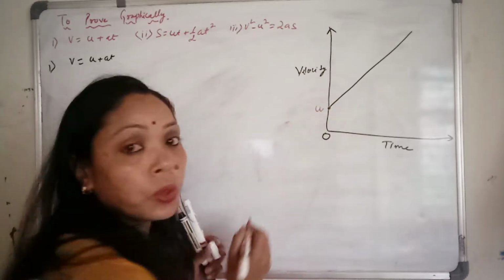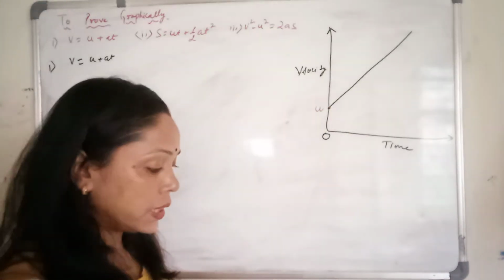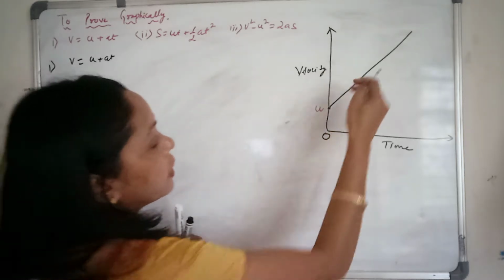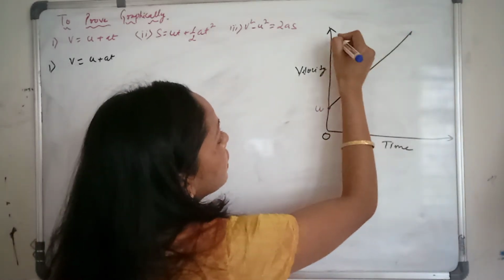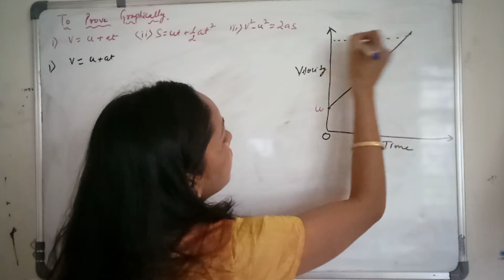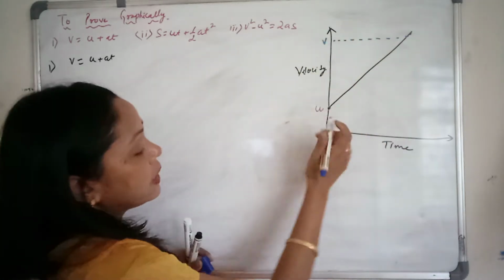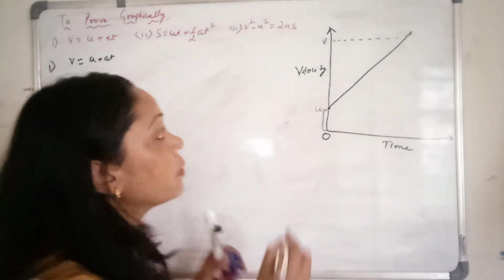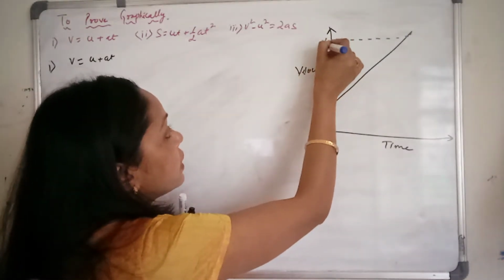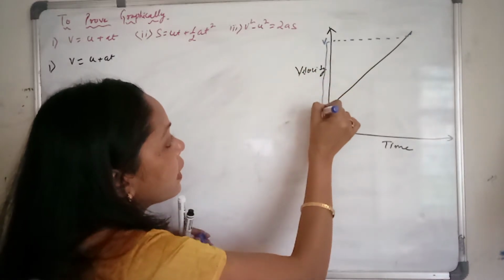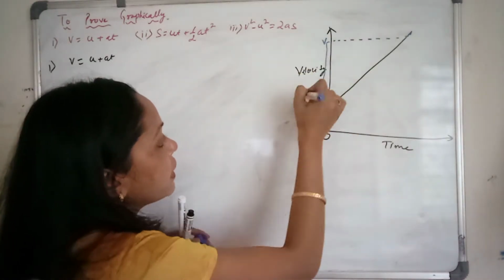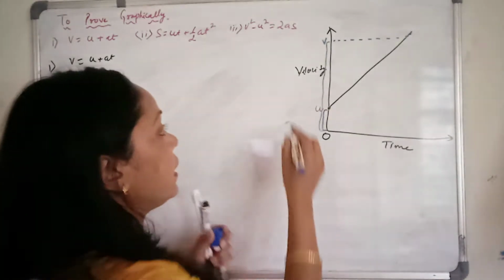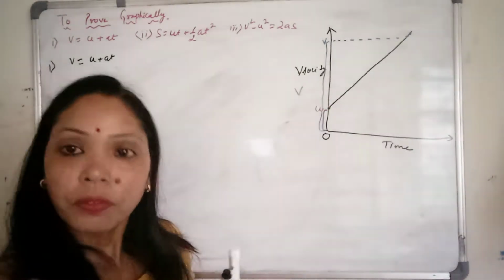Make this one u. Then the last point of the graph will give you v. It means this much measurement will give you u, and from here to here, at the last point, this measurement will give you v.